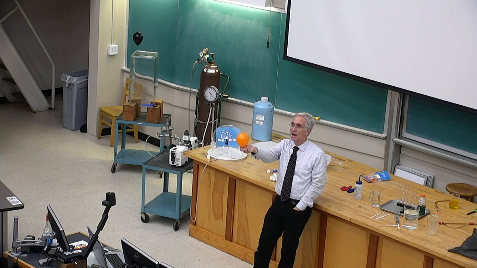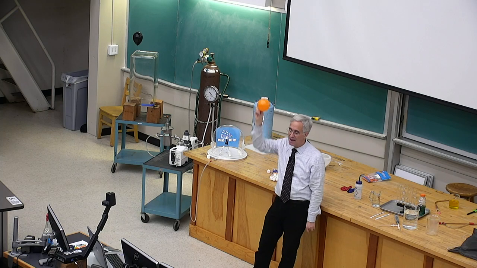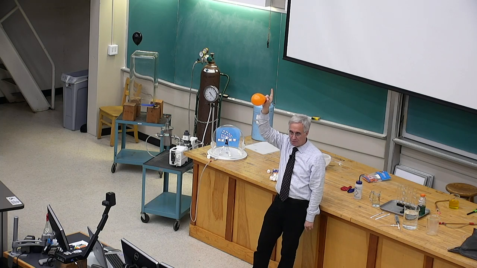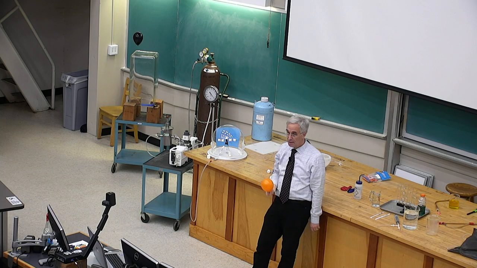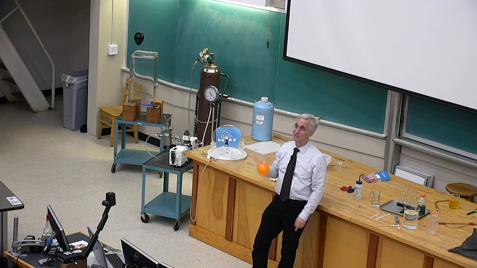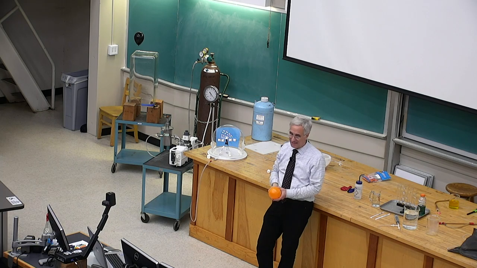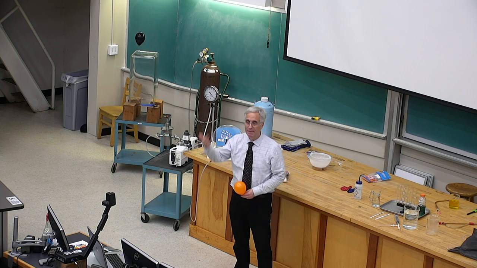If you counted them out, effectively you count the same number in the two. So because that one has the same number of particles, but they weigh 1/7 as much on average as these guys do, that has less weight and therefore floats in air. The buoyant force exceeds its weight and up it goes.